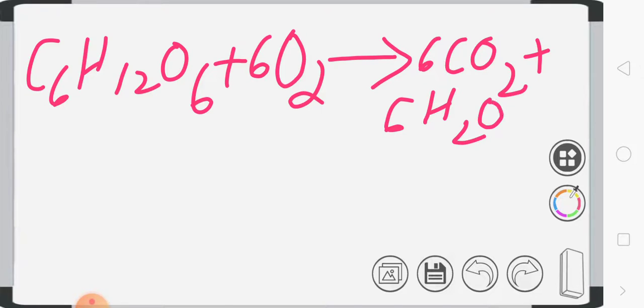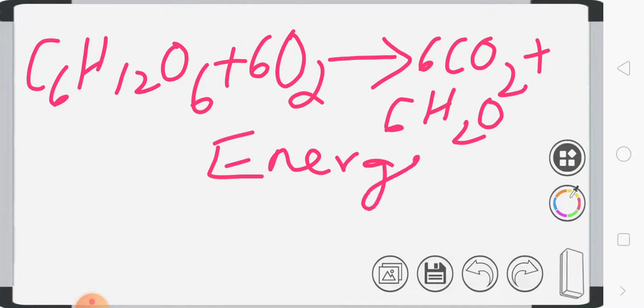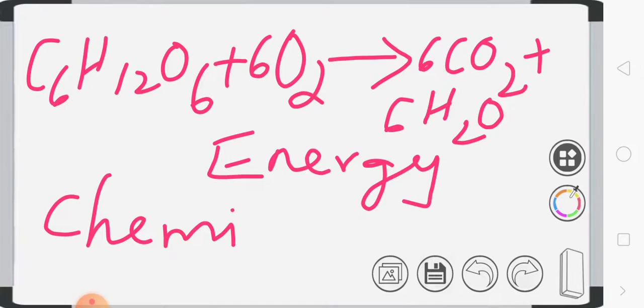In this process, a lot of energy is released, and of course a lot of enzymes are involved. It's a chemical reaction. Whereas breathing is just a physical process where gases enter and gases move out: inhalation, exhalation.